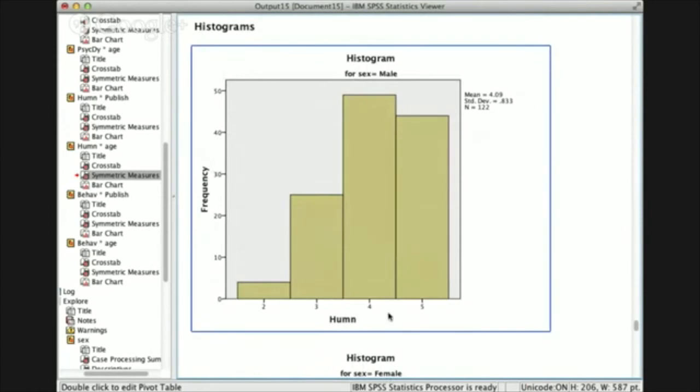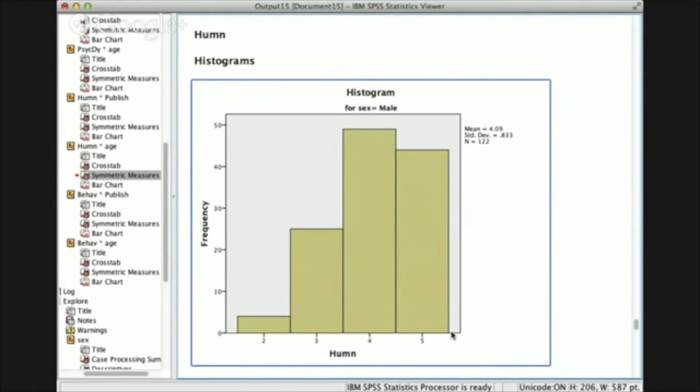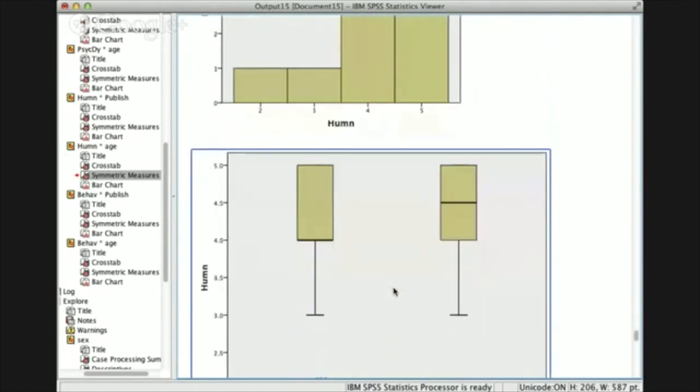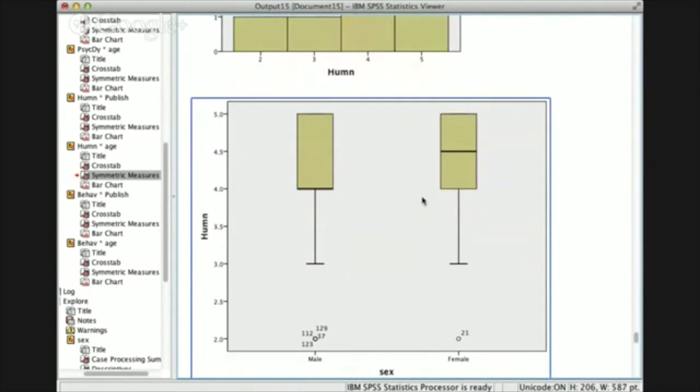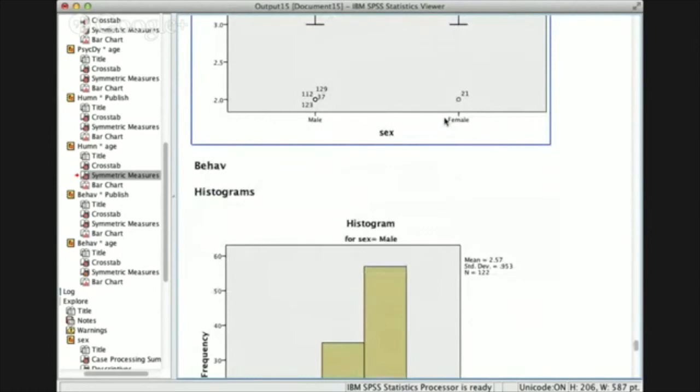And not surprisingly, the males are between 4 and 5 criteria, and the females are not far behind them, which is not surprising, seeing as the humanistic model is the most common model for the supervillains. And they're pretty much equal with a few outliers.